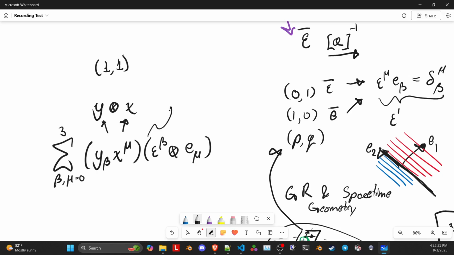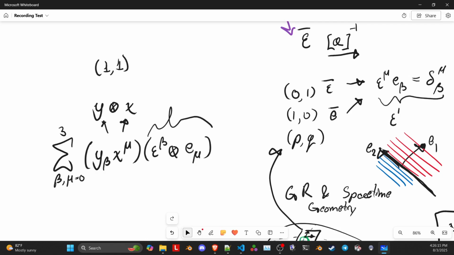There might be some confusion as to the geometric meaning of this thing, but all it really says is that the dual vectors can transform, the vectors can transform by opposite matrices, and then corresponding matrices apply to their components.